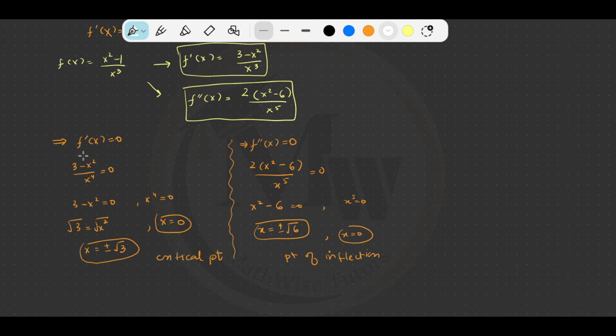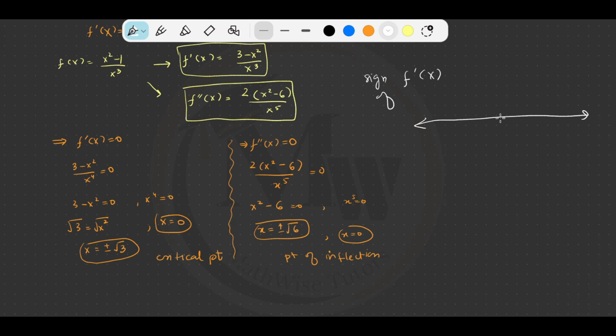Next, notice that we get 3 more points when we put the first derivative equal to 0. So we check how f prime of x behaves, meaning we check the sign of the first derivative. For this we again take some test points around these points.